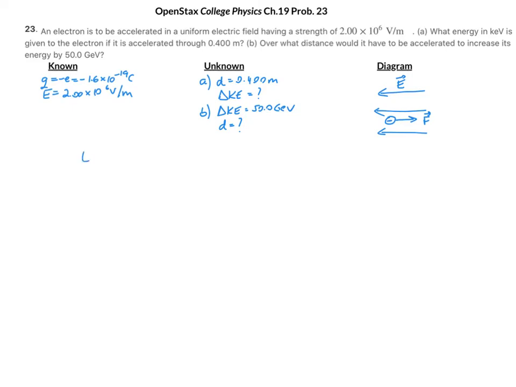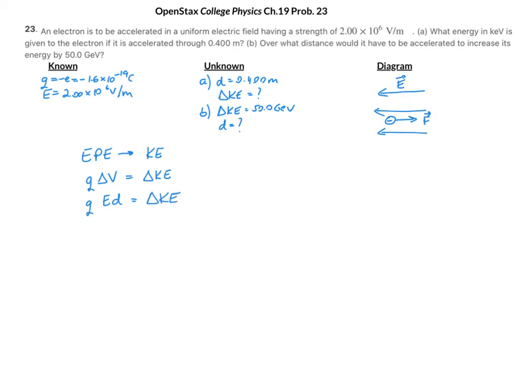So the electric potential energy is the charge times the change in potential, and that will give us the change in kinetic energy. But we know that there is a relationship between delta V and the electric field, and that would be E times d, and that's equal to the change in kinetic energy.